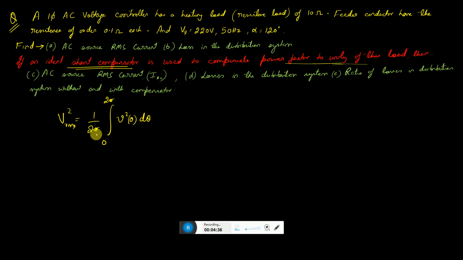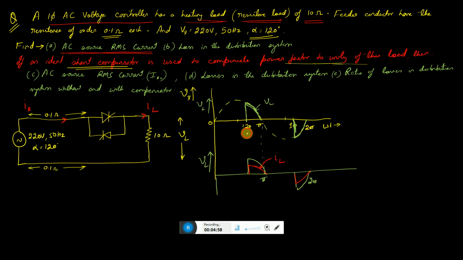For this particular case, since it is symmetrical, we can just take 2 by 2 pi and 0 to pi. Instead of 0 to pi we can write alpha to pi, taking alpha equals 120 degrees. So let us take it from alpha to pi and pi plus alpha to 2 pi.